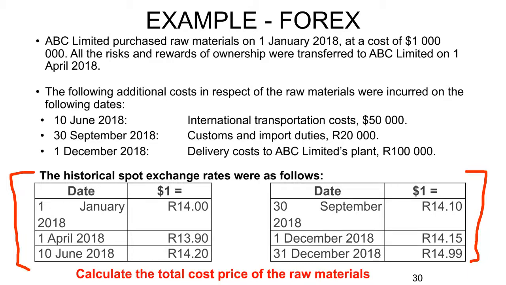So now let's see if we can select the right rate here. Right. So I'm reading the question: ABC Limited purchased raw materials on 1 January 2018 with a cost of $1 million. All risks and rewards of ownership were transferred to ABC Limited on 1 April 2018.